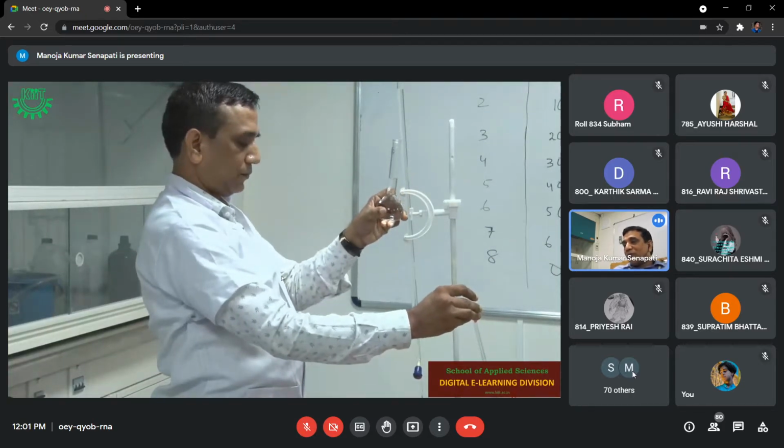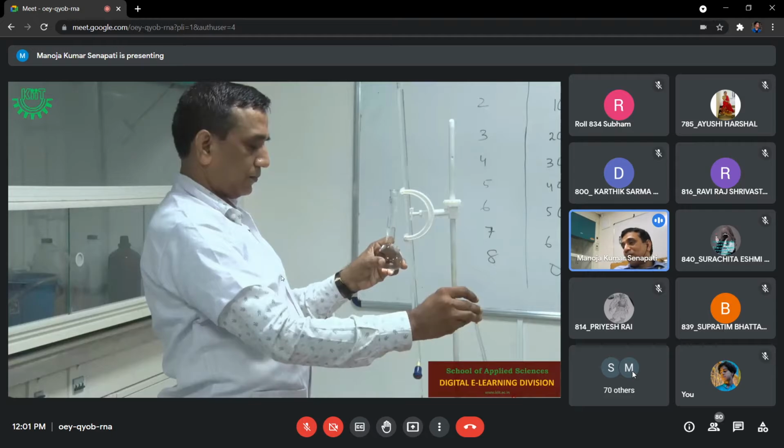I am going to adjust the volume up to the mark in the measuring flask.